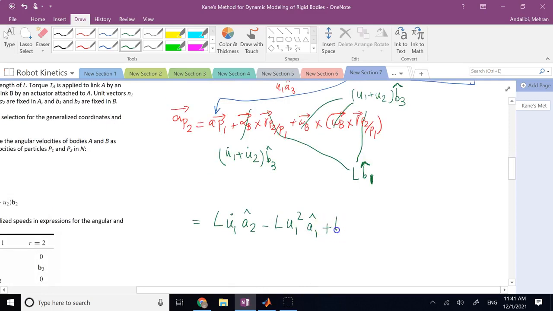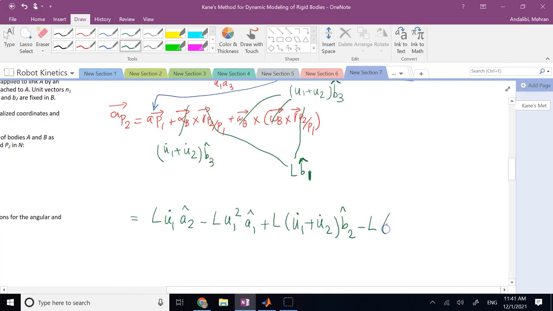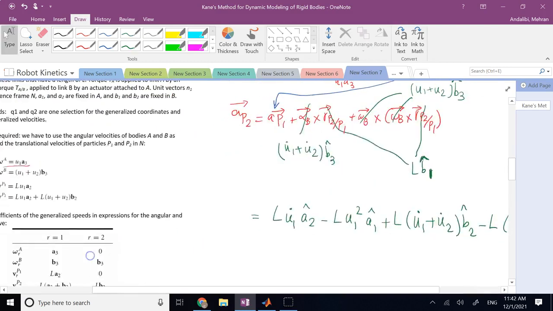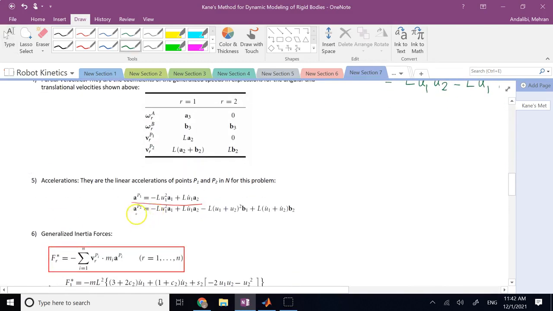It's going to be plus L times U1 dot plus U2 dot B2. Then minus L times U1 plus U2, the whole thing squared, in the direction of B1, and that's the acceleration of P2, and again you can clearly see that here.